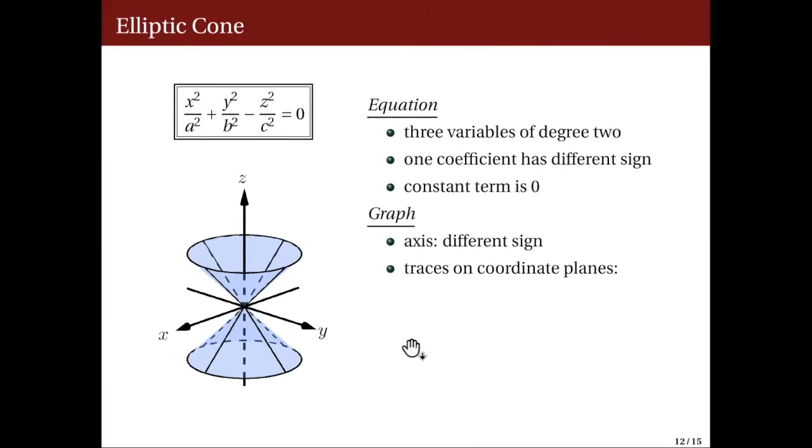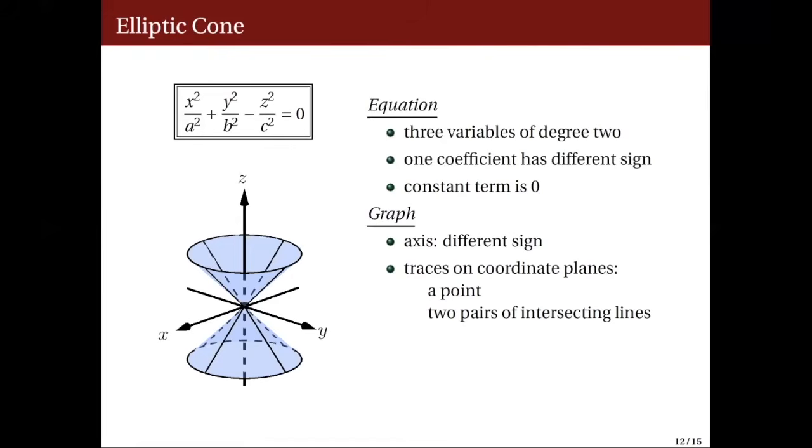The traces on the coordinate planes, we can see here that the only intersection with the xy plane is a point. The intersection with the xz plane is a pair of intersecting lines, and the intersection with the yz plane is another pair of intersecting lines. So we have these traces.